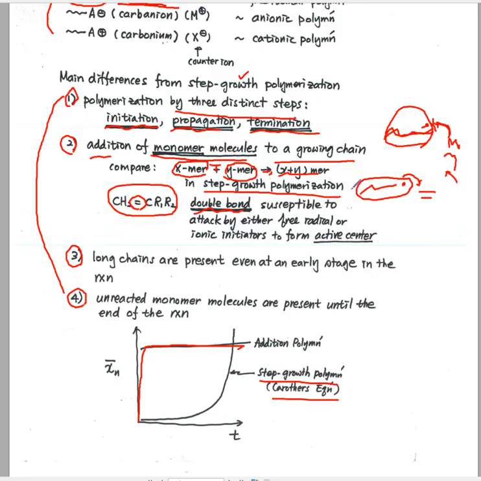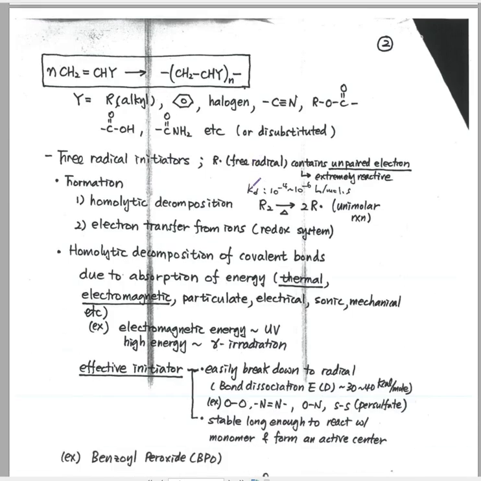In step growth polymerization, monomers all have functional groups, so they can react with neighboring molecules. But in free radical polymerization, only the free radical can attack monomers. So it seems that these two polymerization methods are quite different. Let's see more details about free radical addition polymerization. Let's move on to the next page.